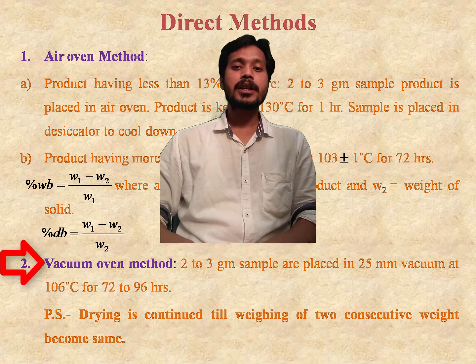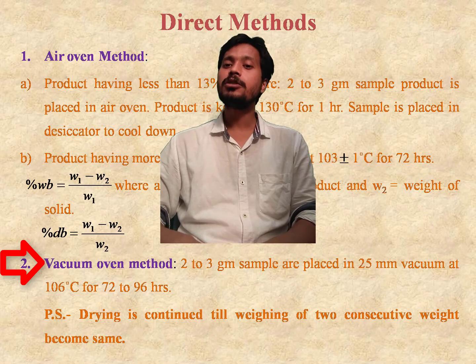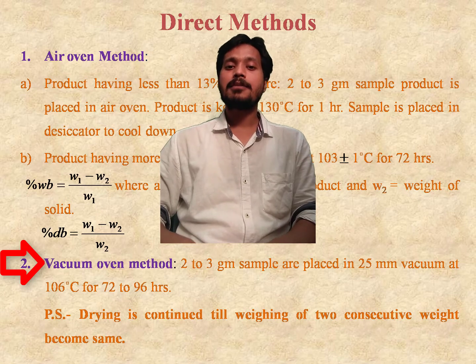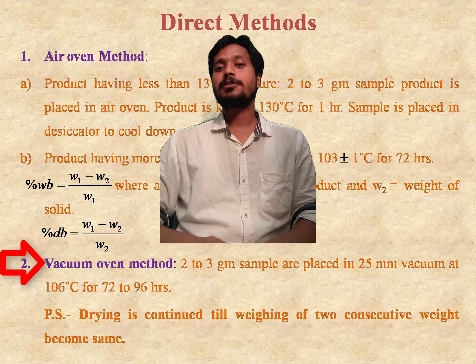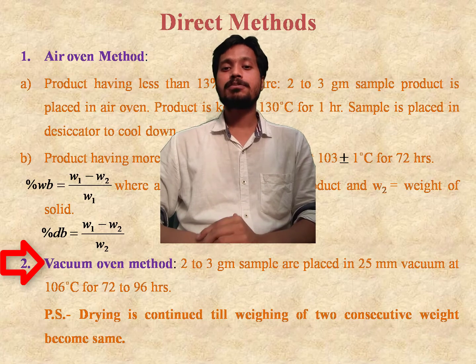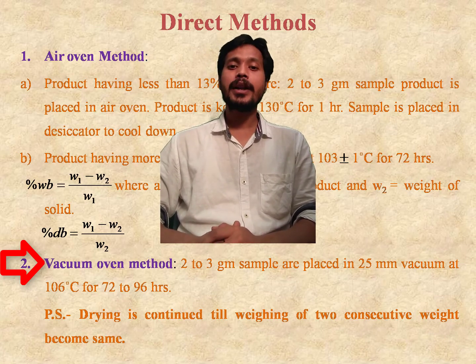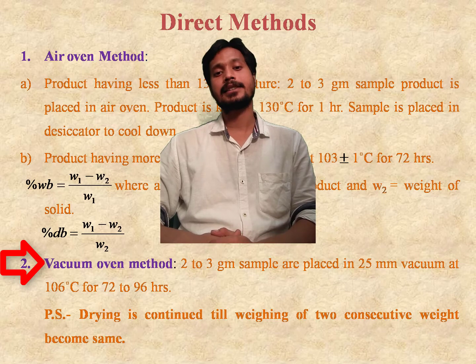Now another method is there, the vacuum oven method. In vacuum oven method, 2 to 3 grams of sample are taken, and as the name suggests, we don't dry the product at atmospheric pressure. We dry the product below atmospheric pressure, that is in 25 mm vacuum at 106 degrees Celsius for 72 hours to 96 hours.